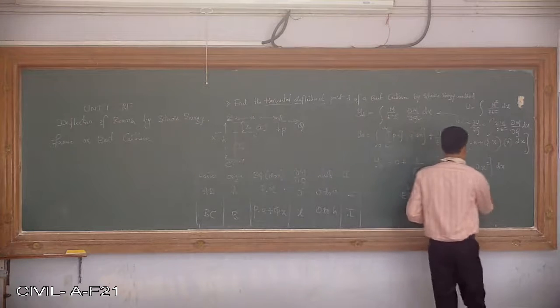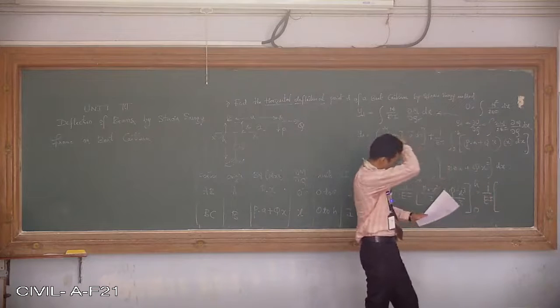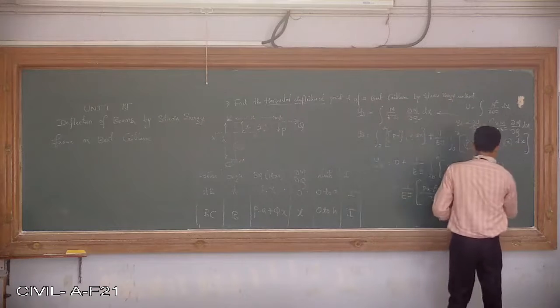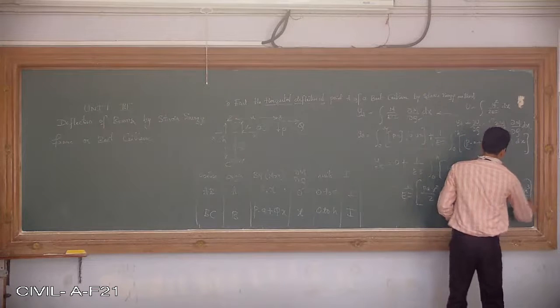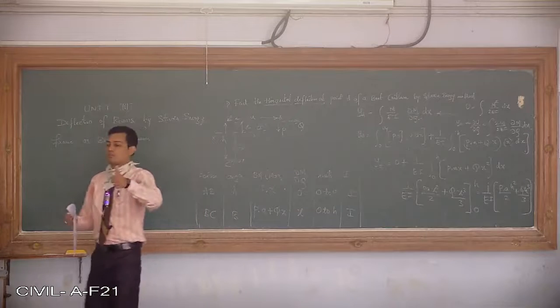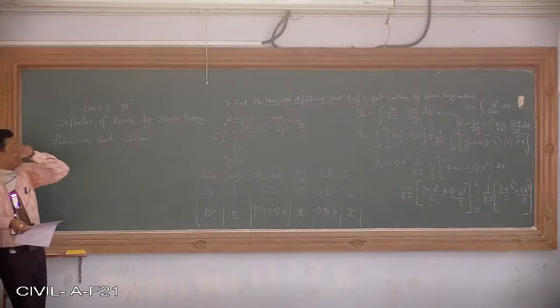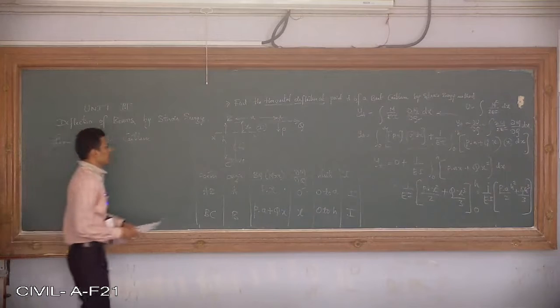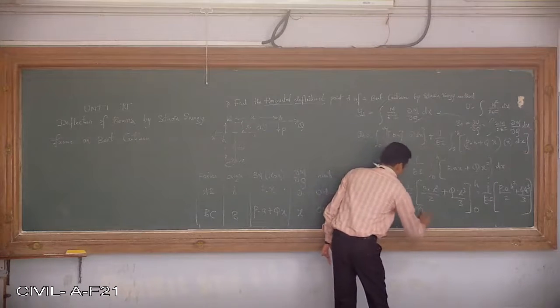Ultimately what remains? 1 by EI. Wherever you find X, you put it as H. You get P into A H square by 2 plus Q into H cube by 3. Ultimately what you have to do is put Q equal to 0, so that you get the horizontal deflection.